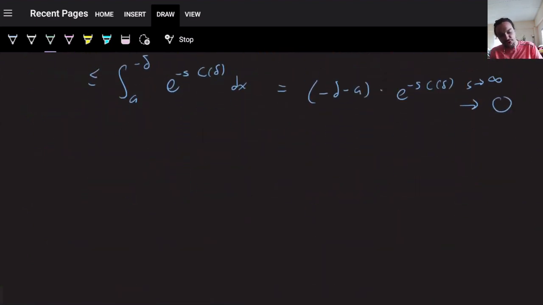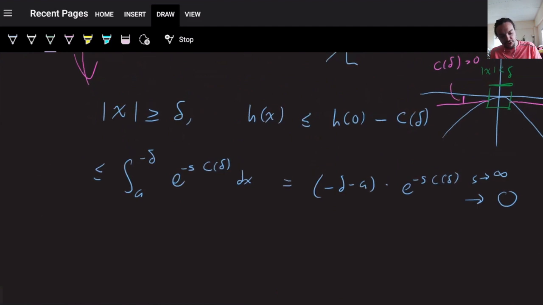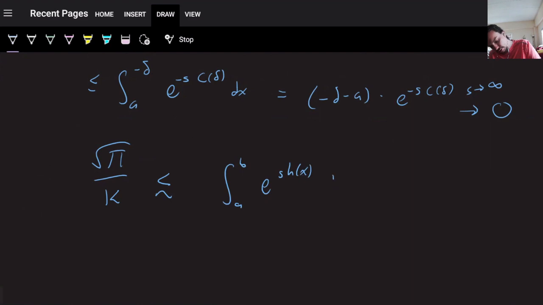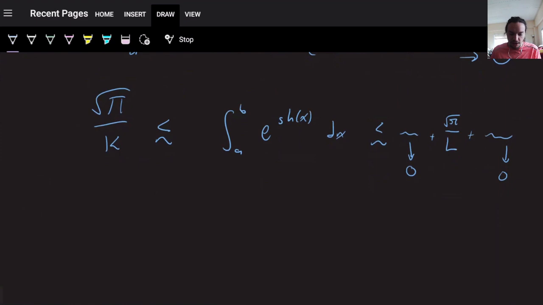All right. So with all of this, what we have shown is that square root of pi over k is less than or equal to, or at least twiddle less than or equal to the thing we wanted to understand, which is twiddle less than or equal to something which is going to 0, plus square root of pi over L. Okay, so now we need to understand why this is okay.